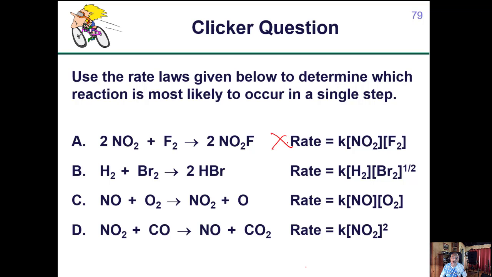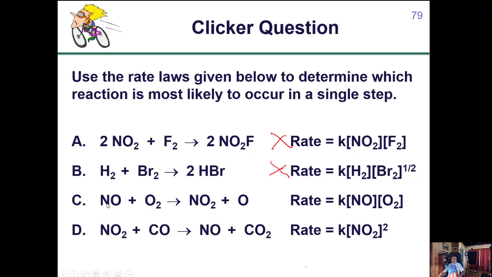So no match. Here we have a reaction that says unimolecular in H2, unimolecular in Br2, but bimolecular overall. So we've got unimolecular in H2, that matches, but we've got 1/2 molecular in Br2. So is that a match? No, no good.